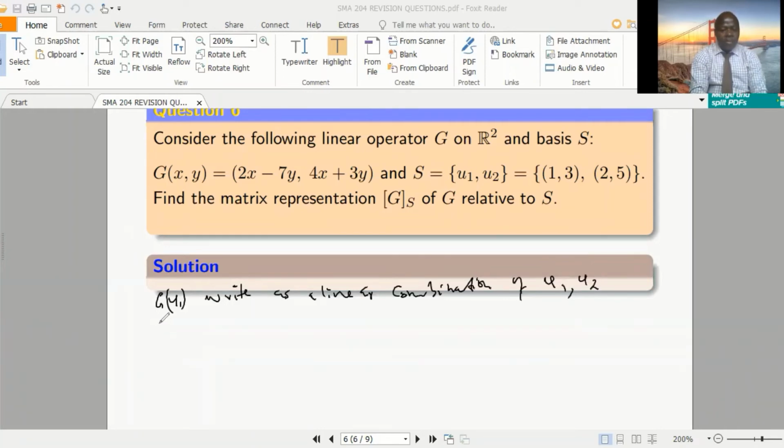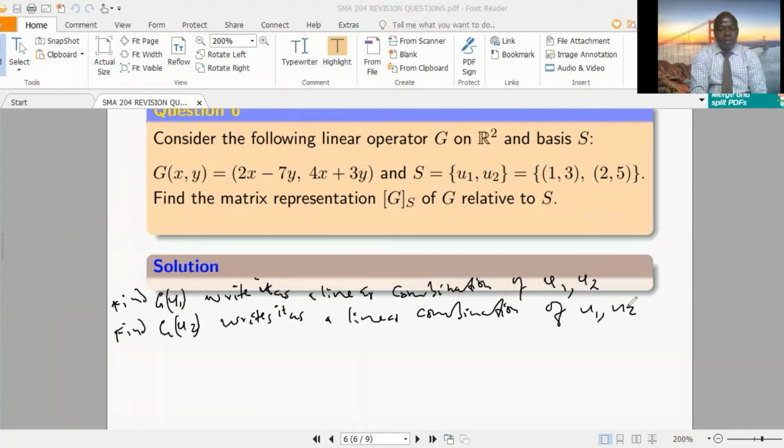After that, also find G of U2 and write it as a linear combination of U1 and U2.